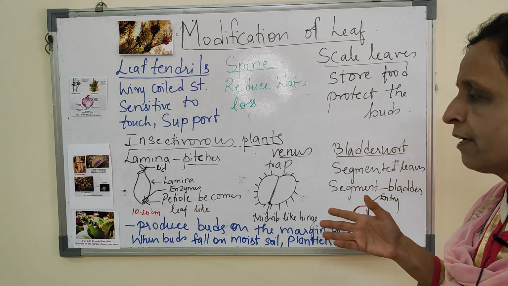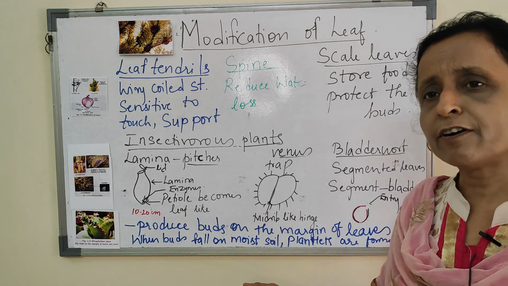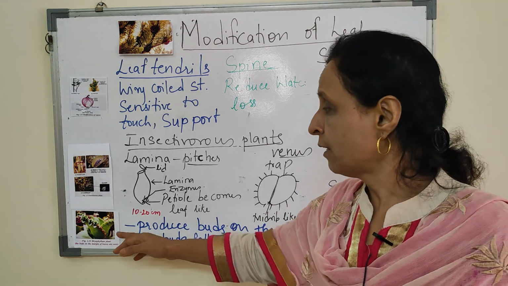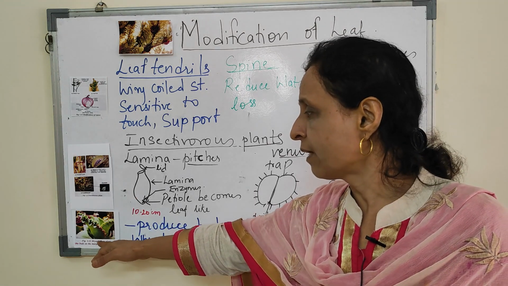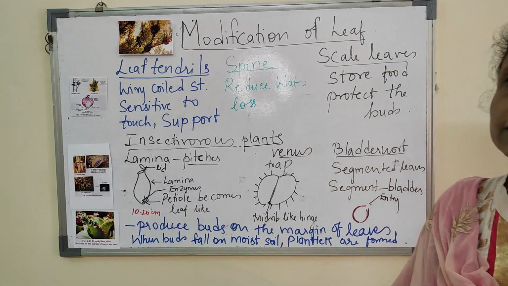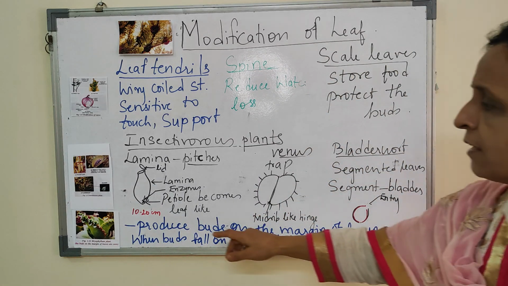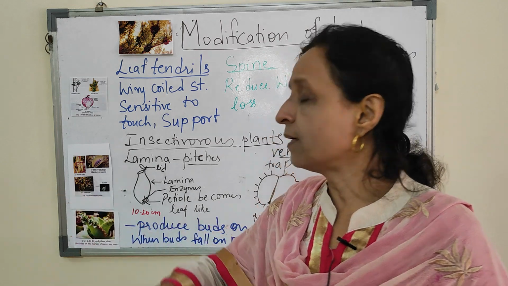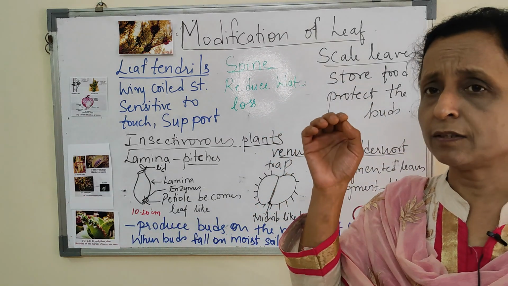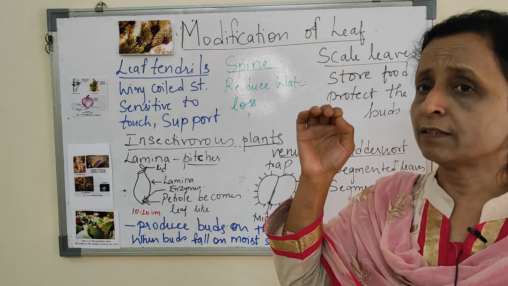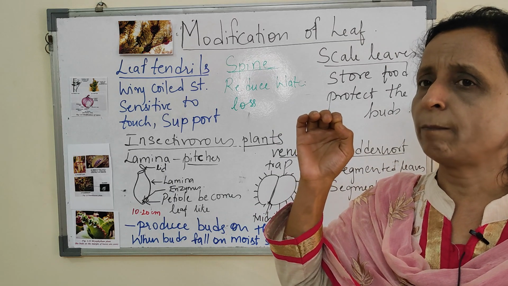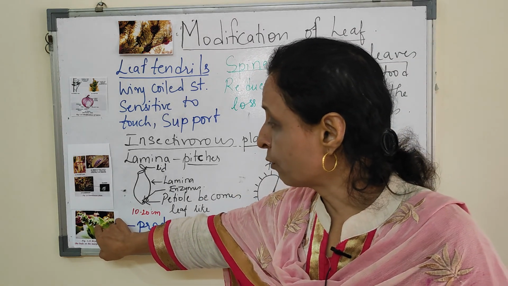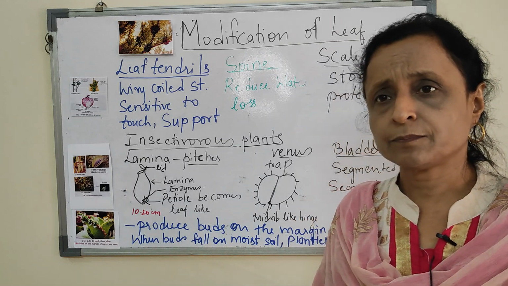So some leaves are modified to reproduce. The classic example is the Bryophyllum plant. On the margin, there are small buds which will develop. On the rim, on the margin, the small buds will develop. Small buds will grow into a new plant.